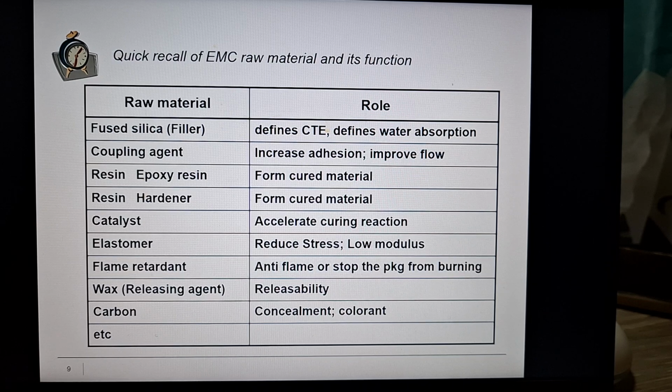Endothermic means able to easily absorb heat, and exothermic is the process to release the heat. When you are running an electrical component in the form of an integrated circuit, it creates heat, so you need a black material in order to control thermal management, right?